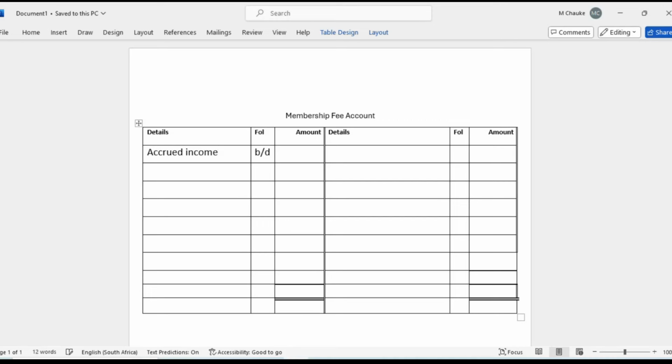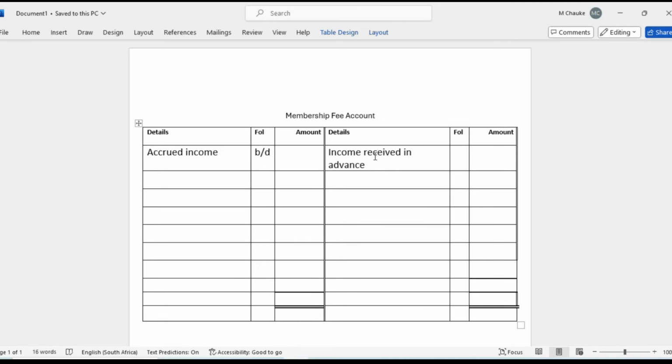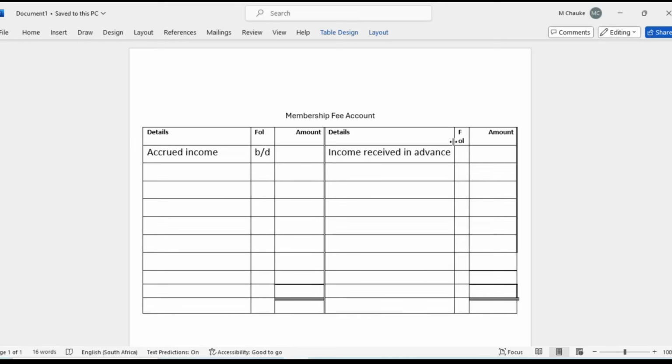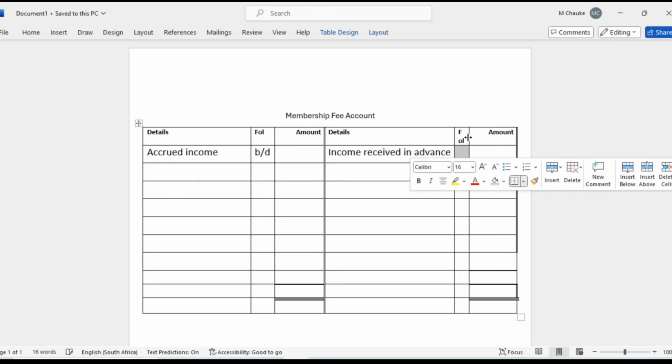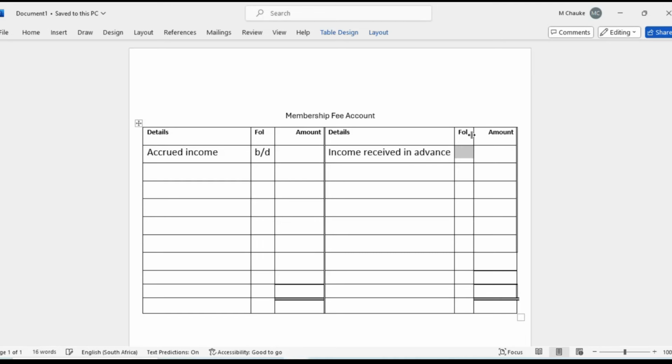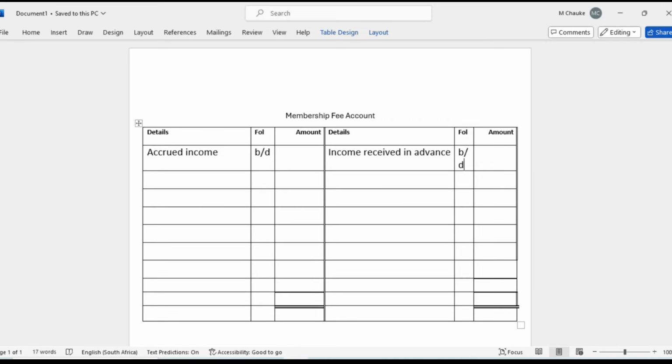On the credit side, we're going to have income received in advance. Income received in advance, opening as well, balance brought down, right?